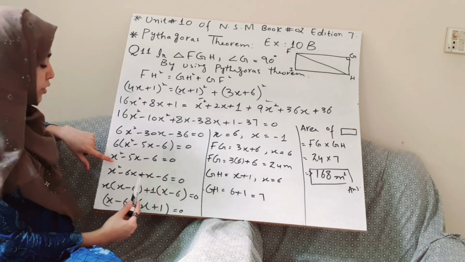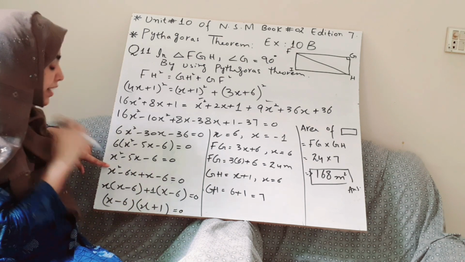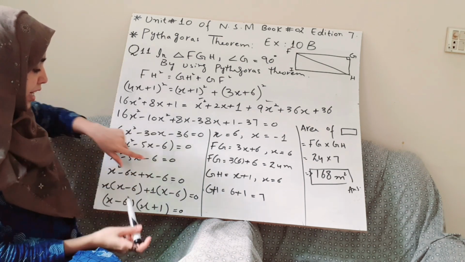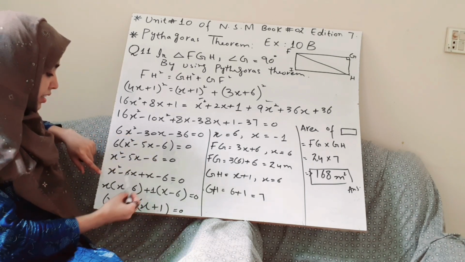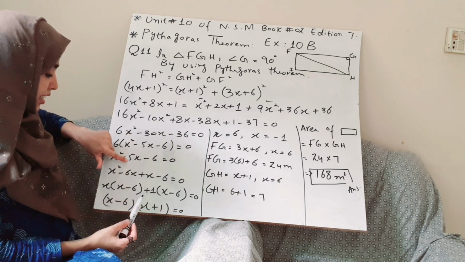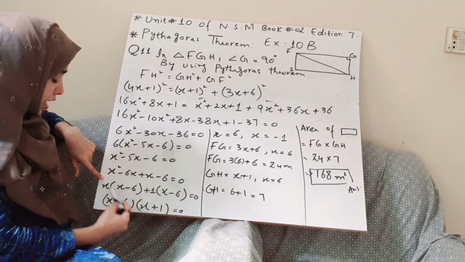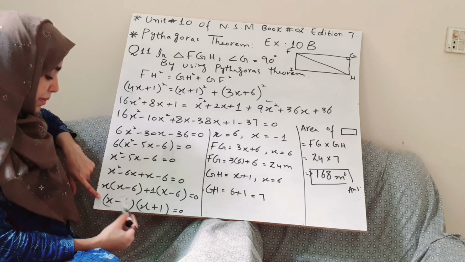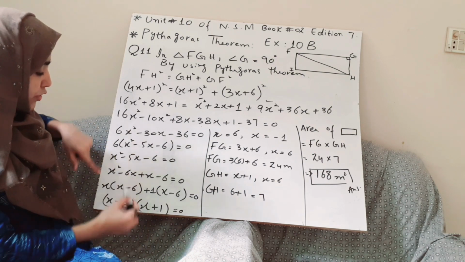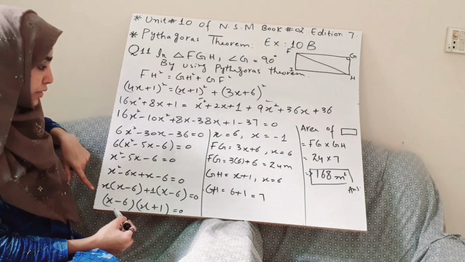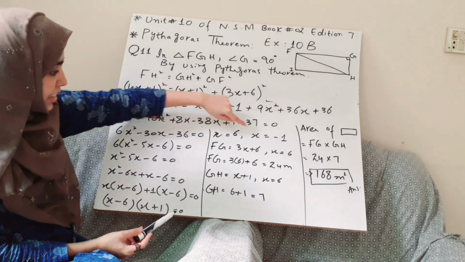From here we have to factorize. We take factors of 6, and we have to break the middle term when we make factors, and after solving it we are left with two factors, which are x minus 6 and x plus 1. You know how to factorize, we have done it in the previous unit, so I am not explaining this. So x equals 6, x equals minus 1.